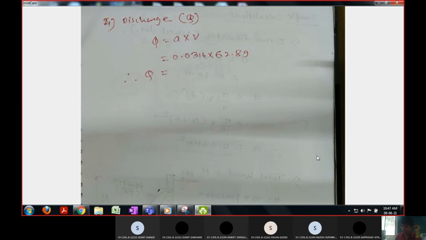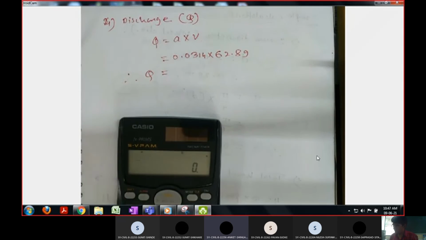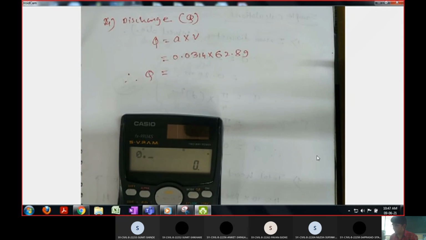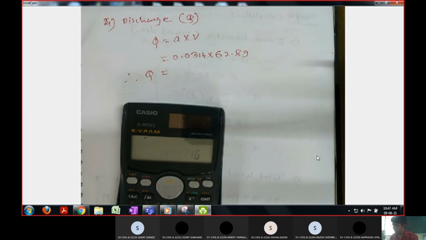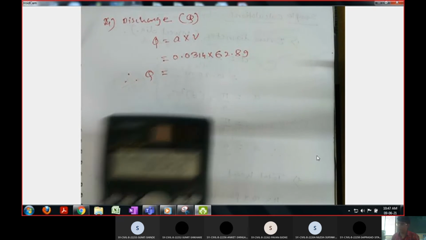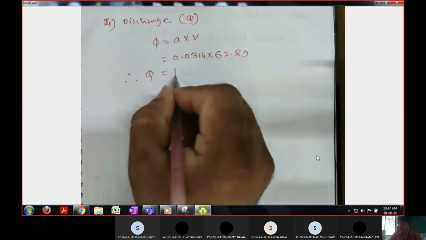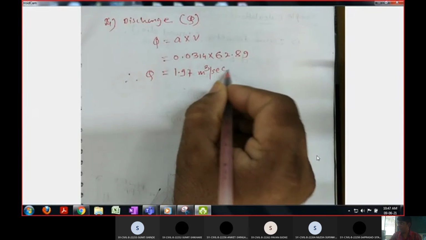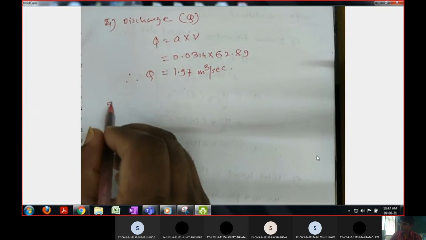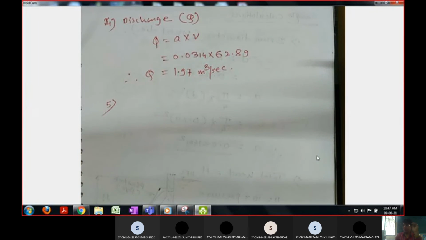How much is it? 1.97. 0.0314 into 62.89, 1.97 meter cube per second.